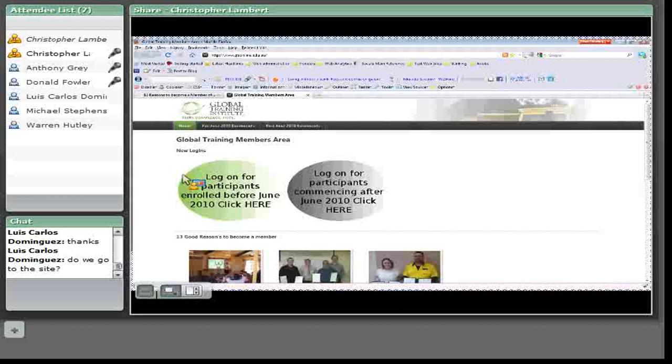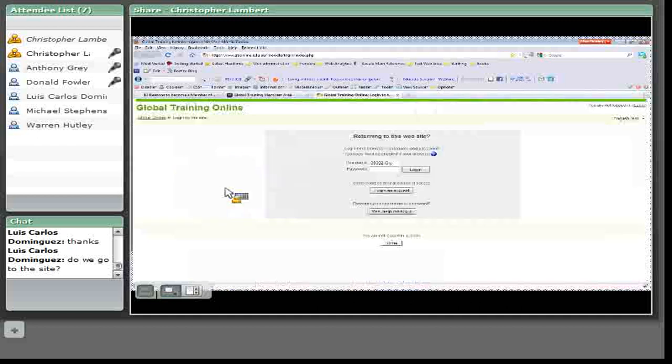When you're on this area, if you log on to the participants, you will get the logon area.